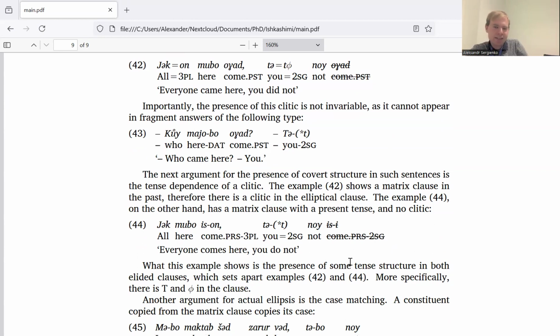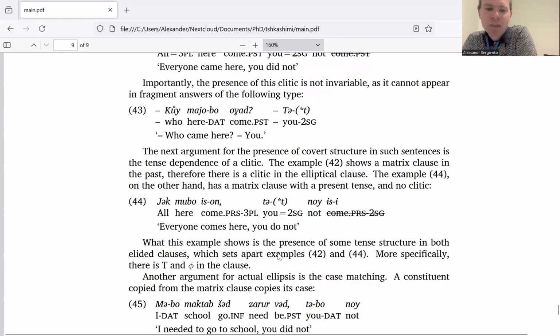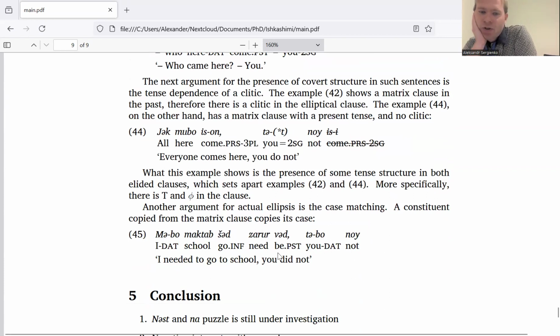And here, in this example, you do not see the clitic because it depends on the tense of the matrix clause, and because we can argue for the tense feature being in the elided clause as well, but we do not really see it. And what this example shows is the presence of some tense structure in both elided clauses, which sets apart examples 42 and 44. More specifically, there is T and phi in the clause.